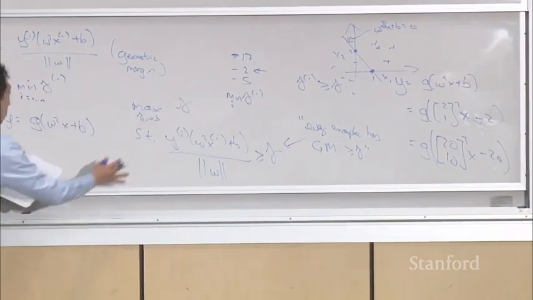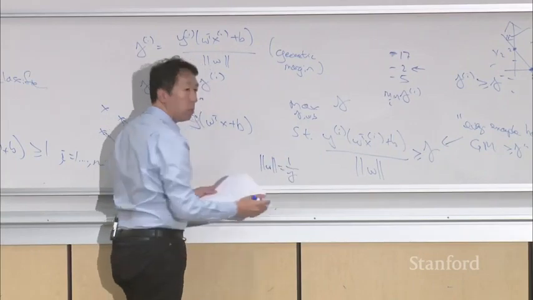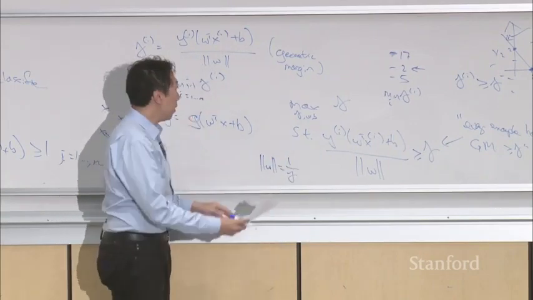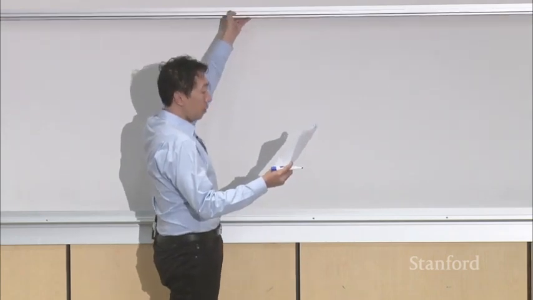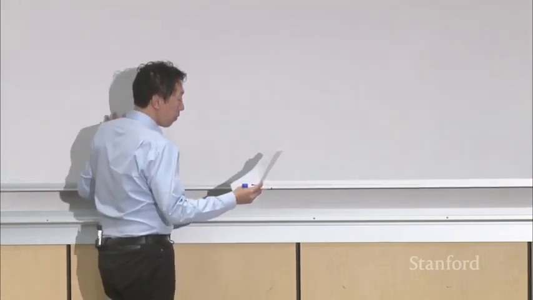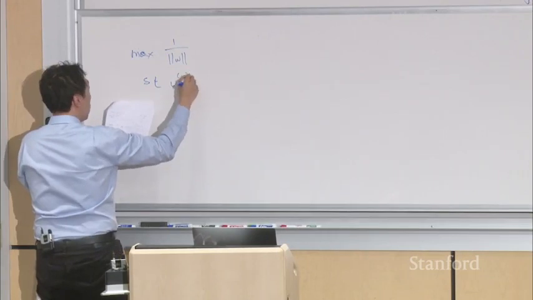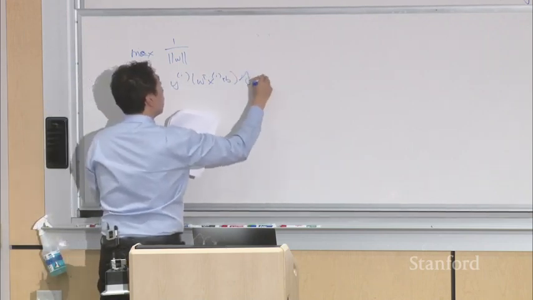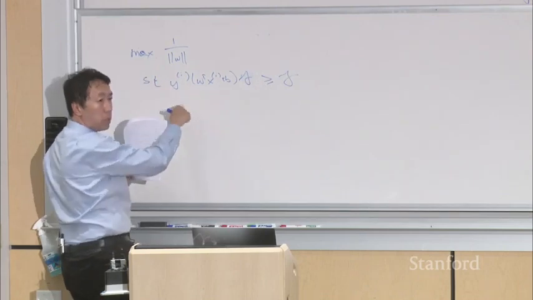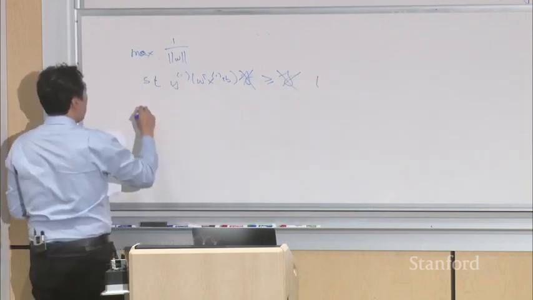And so the trick to simplify this equation into that one is if you choose to scale the norm of w to be equal to 1 over gamma, because if you do that, then this optimization objective becomes maximize 1 over norm of w subject to... so if you substitute norm of w equals 1 over gamma, and so that cancels out, and so you end up with this optimization problem.